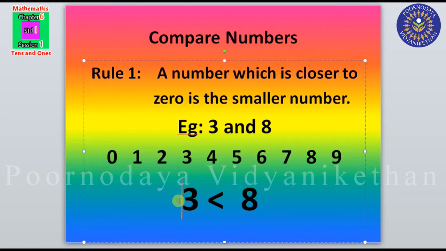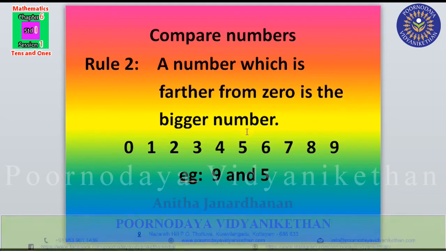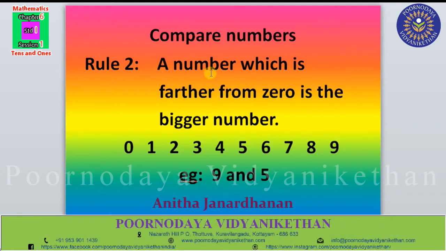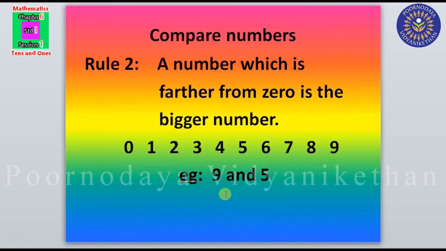Clear? Now look at the second rule. A number which is farther from 0 is the bigger number. Example, 9 and 5.